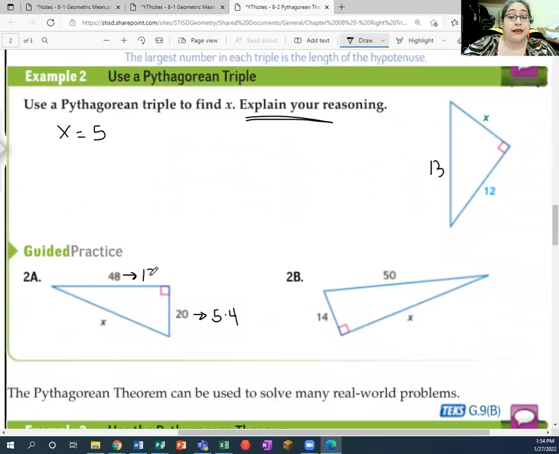So 48. Is 48 divisible by 12? I take my calculator and I do 48 divided by 12, I get 4. Yo, check it out. Both of these sides got multiplied by 4.